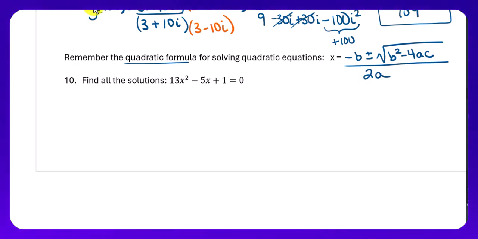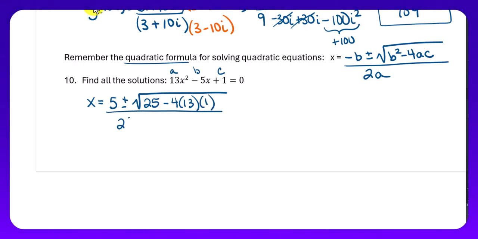Okay, so looking here at this quadratic, here's my a, here's my b, here's my c. x is equal to the opposite of b plus or minus the square root of b squared, positive 25, minus 4ac, all over 2a.